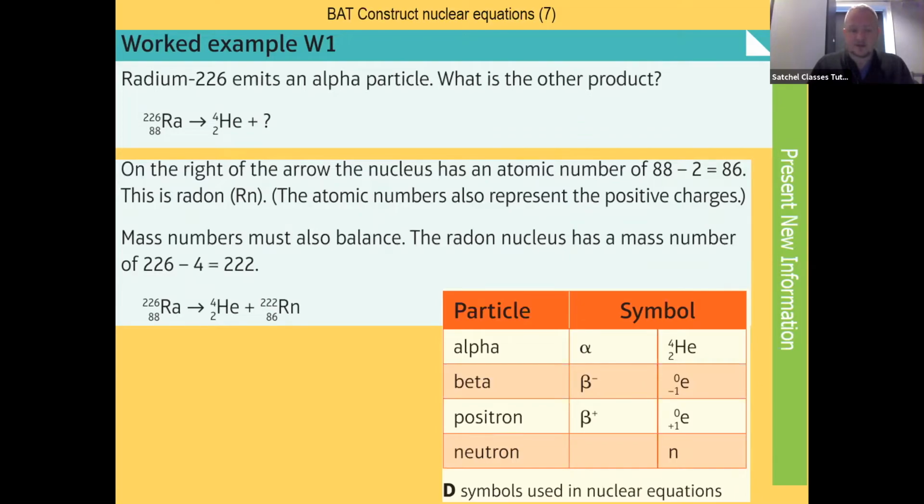And we can see that at the bottom there. The 226 minus the 4 from the helium makes the 222 for the radon, and the 88 minus the 2 from the helium makes the 86 for the radon. Incidentally, you're not expected to work out and know exactly where it should go. You will be given the atomic symbols of things to use when calculating nuclear equations in the exam.